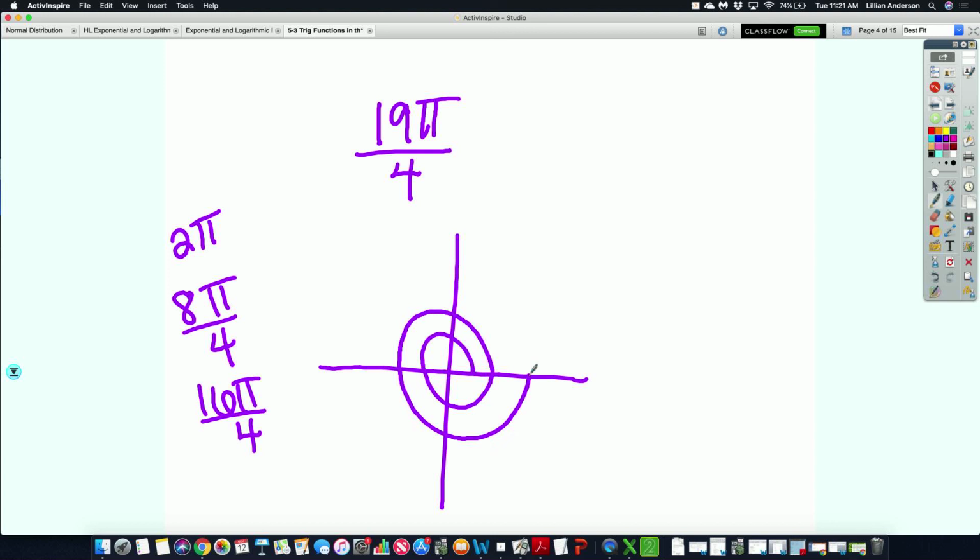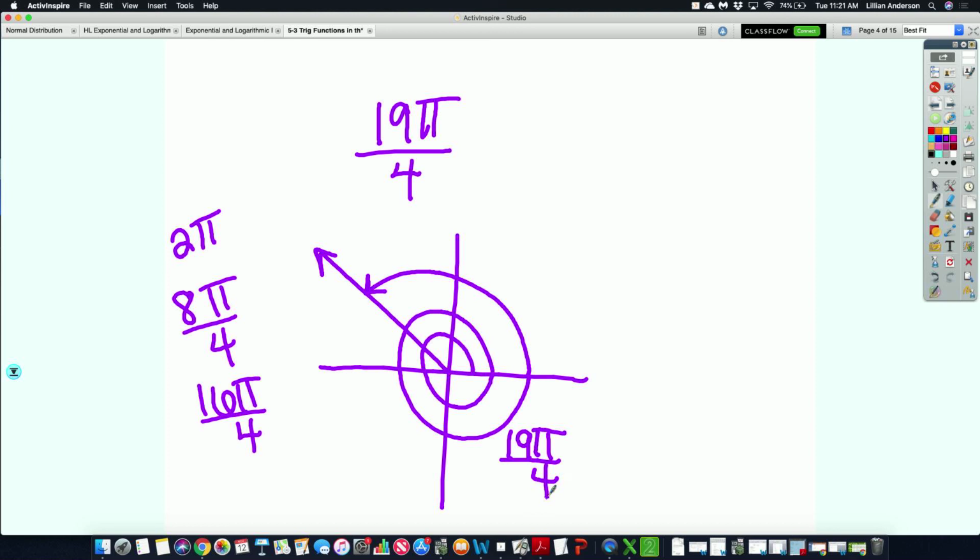Now, how far is 16 pi over 4 from 19 pi over 4? 3 pi over 4. And 3 pi over 4 is in the second quadrant. So the terminal side is in the second quadrant, with 3 pi over 4 remaining to go. This represents 19 pi over 4 in the drawing.